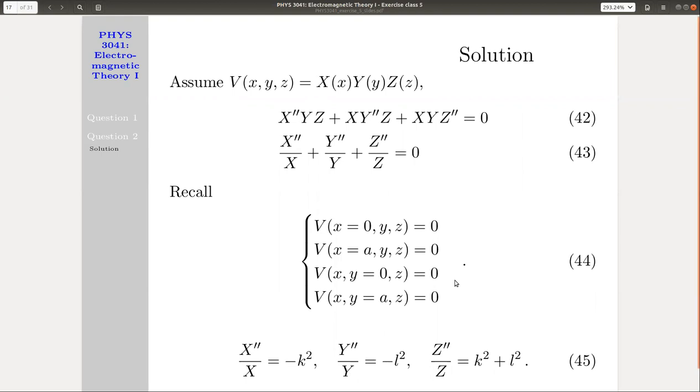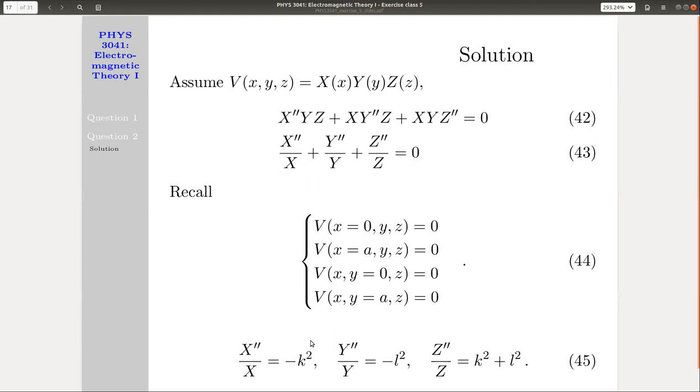But you are also welcome to not go too fast, and you can simply assume them to be some constants that could be zero, positive, or negative. But finally, if you want to match the boundary conditions, you will see that it has to be negative.